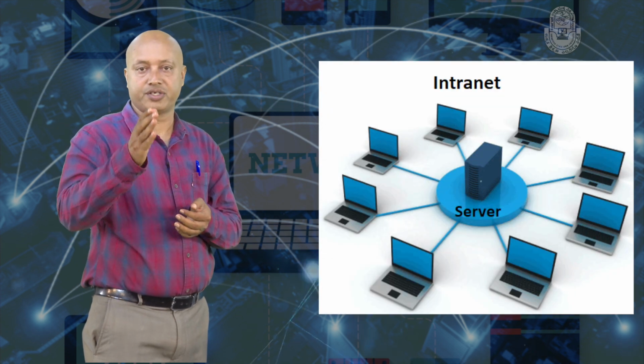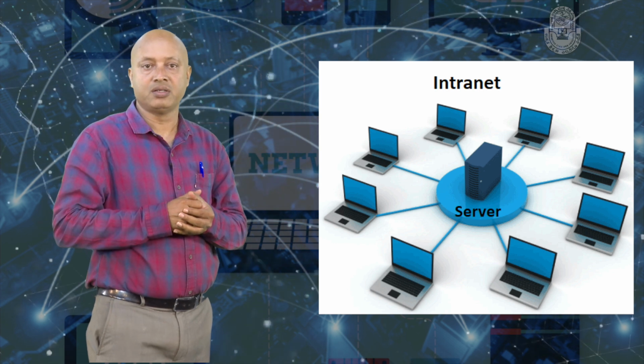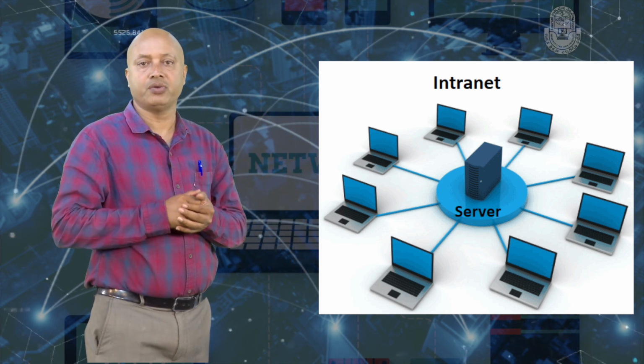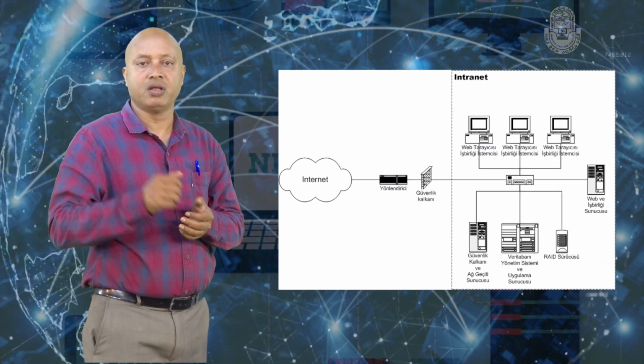What is an intranet? Intranet is a system in which multiple PCs are networked to be connected to each other. PCs in intranet are not available to the world outside of the intranet.